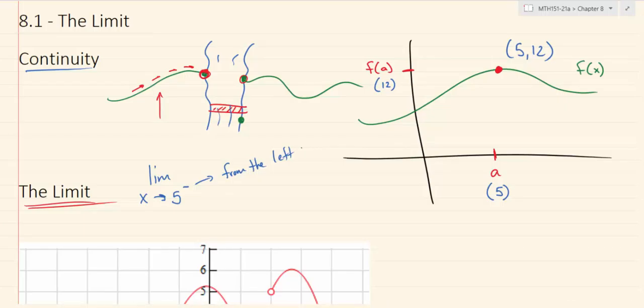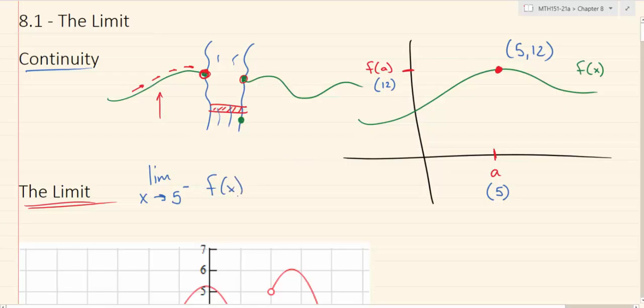So this says, what is the limit as x approaches 5 from the left of f of x? So it says, take the function f of x, take the green line, and what value does the function approach as you come in from the left?